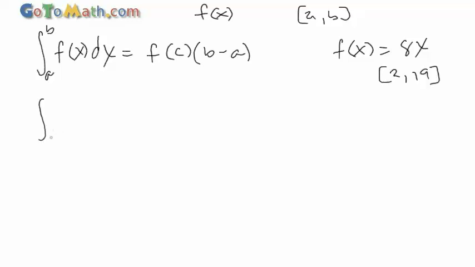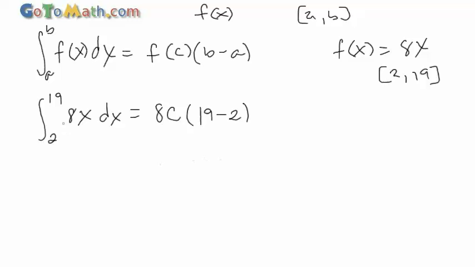So a is 2, b is 19, f of x is 8x, and then we have our dx, and then of course f of c, we're plugging c in right here for x, so we end up with 8c, and then we have b minus a, which is 19 minus 2.